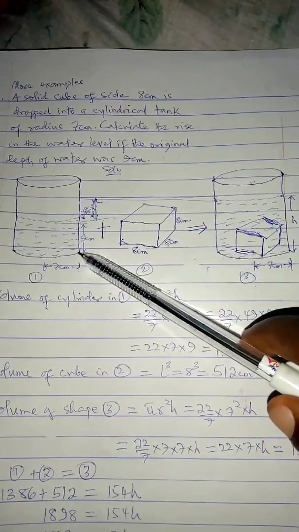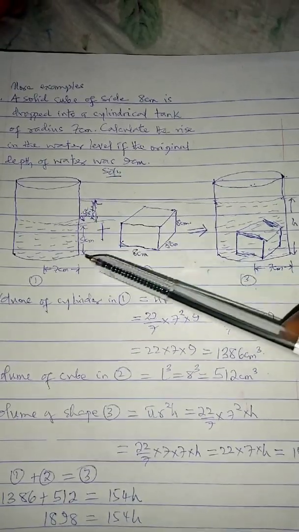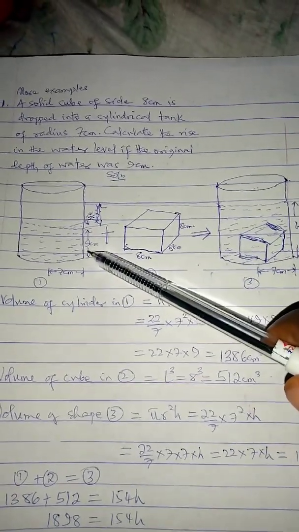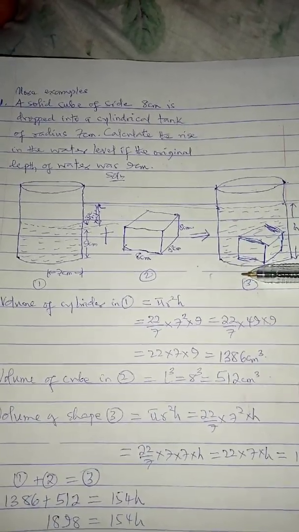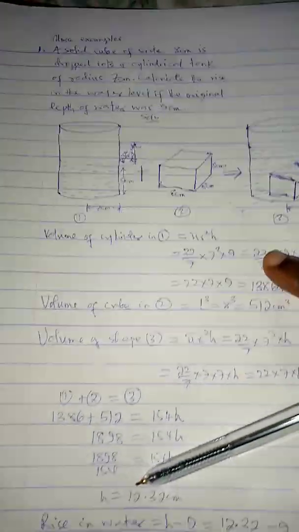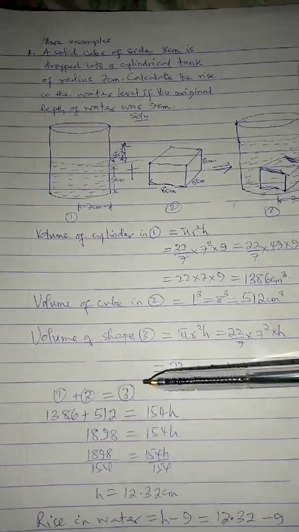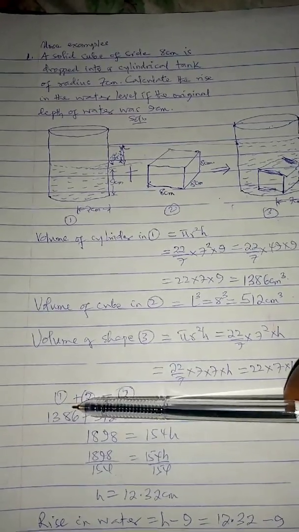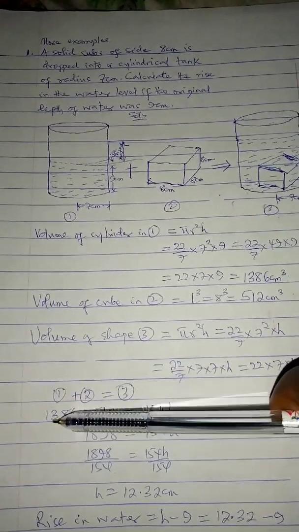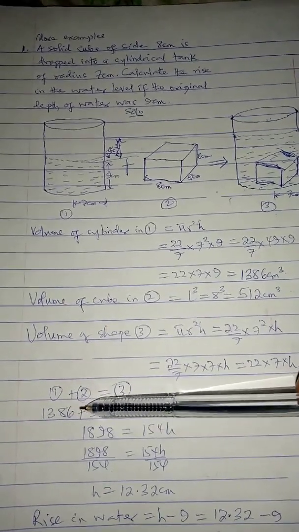Now, when you check this diagram, you discover when you drop this cube into the water in the cylinder, it's like adding the volume of your cube to the volume of the water in the cylinder. So to get this new shape, that is why I am saying diagram 1 plus diagram 2 gives diagram 3. Diagram 1 is the volume of the water in the cylinder, which is calculated to be 1386.